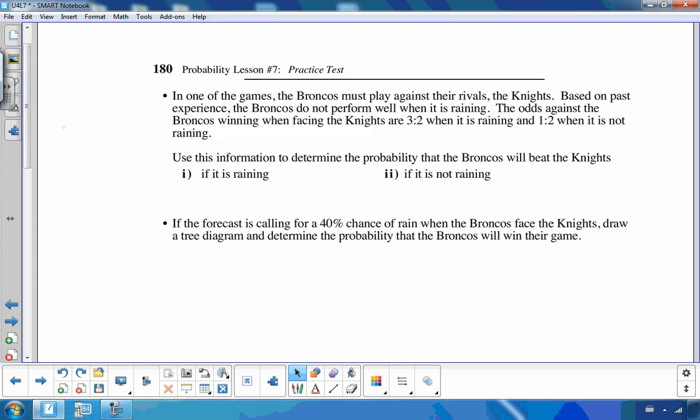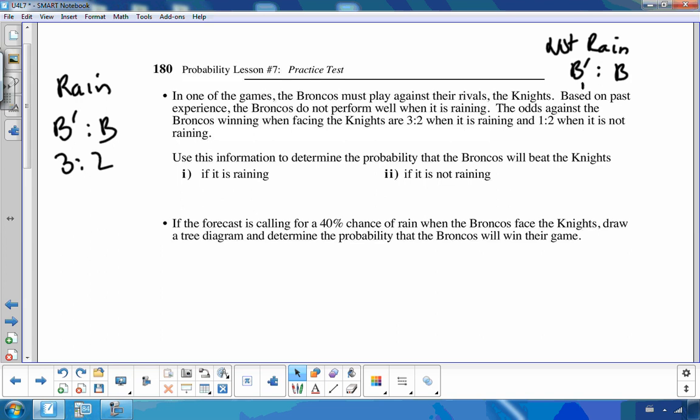So the odds against Broncos winning, that means not winning to winning, would be 3-2. Okay, and when it is not raining, the odds against them winning, so Broncos not winning, are 1-to-2.